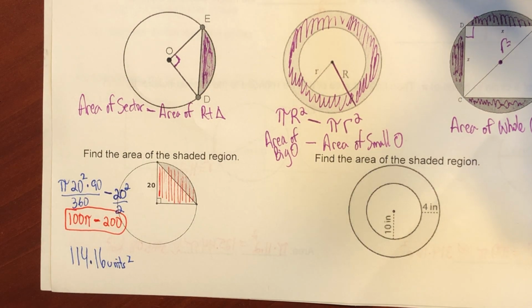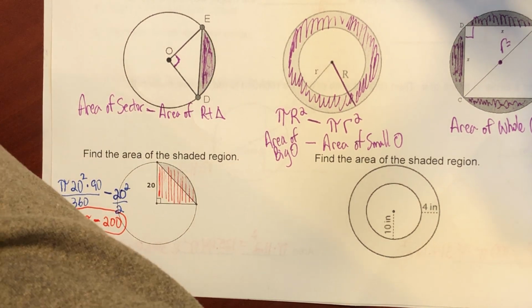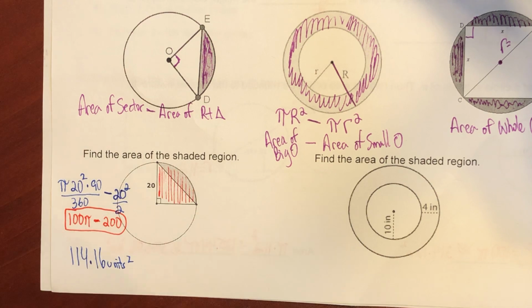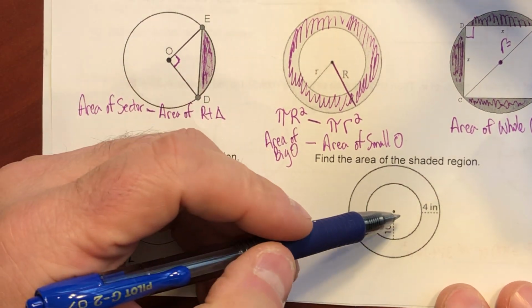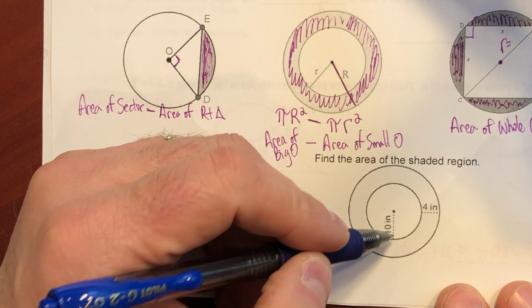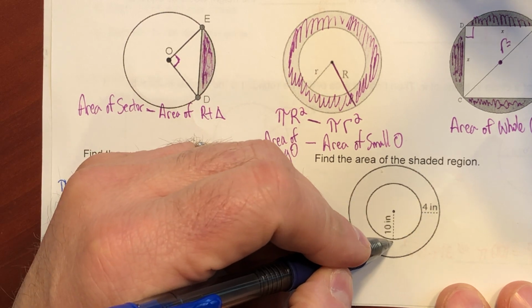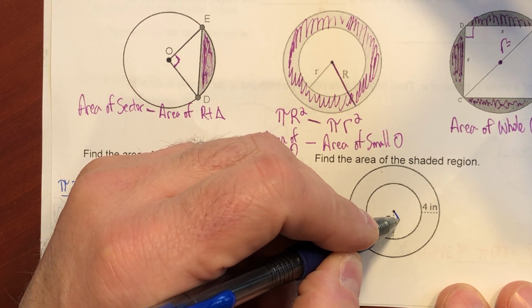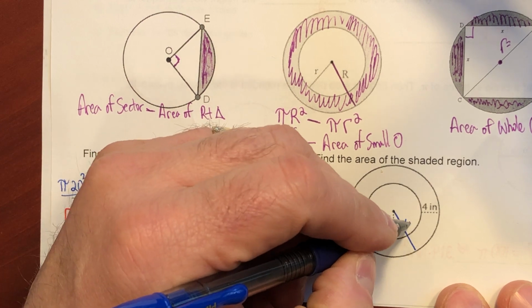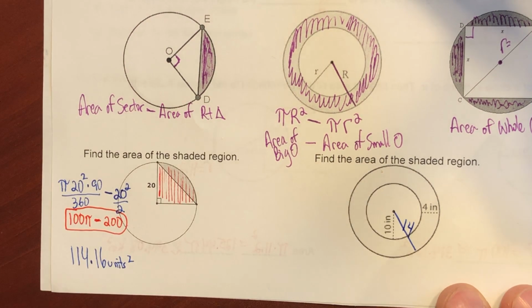Find the area of the whole big circle minus the area of the white circle. So the big circle, if this is 10 inches right here and the ring is 4 more inches, then that means what we have here is a radius of 14 inches.